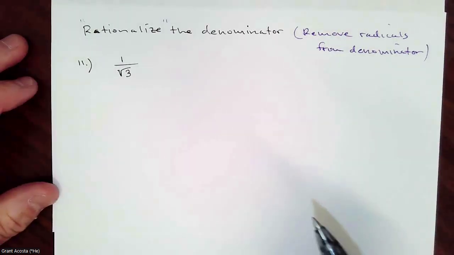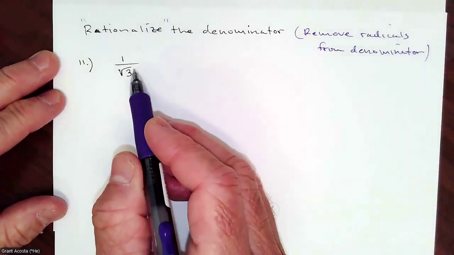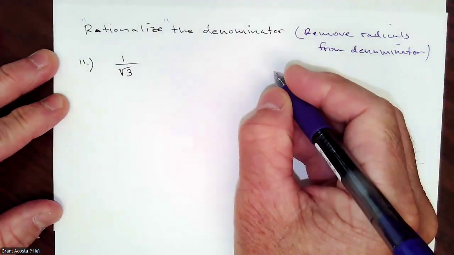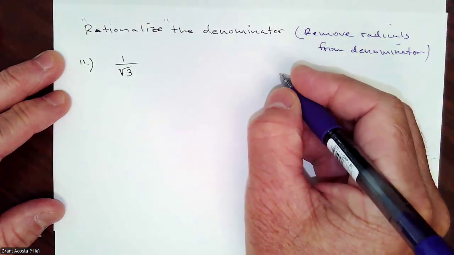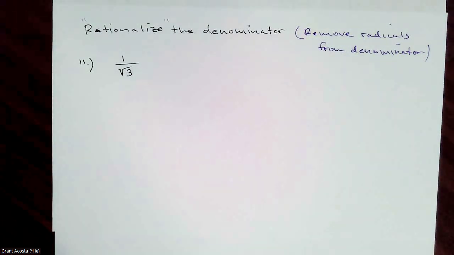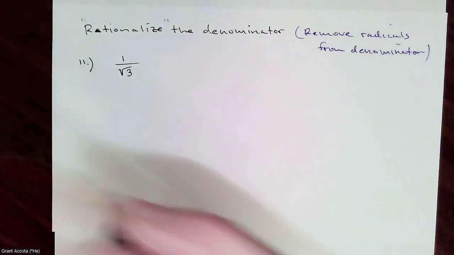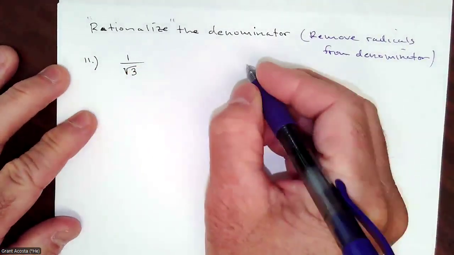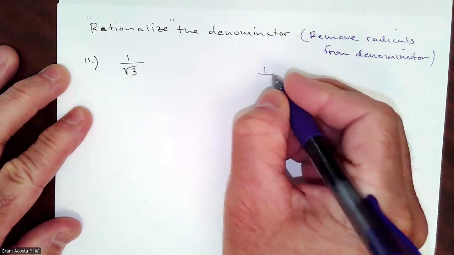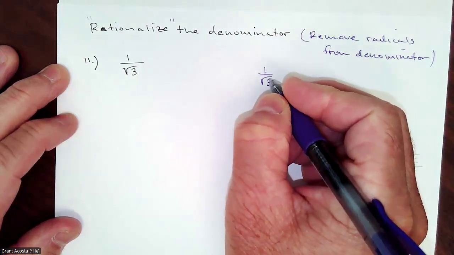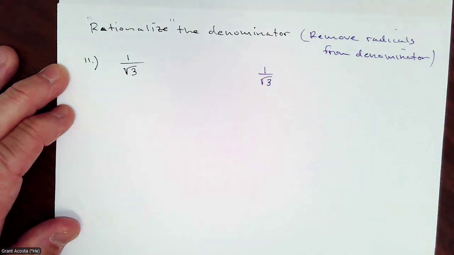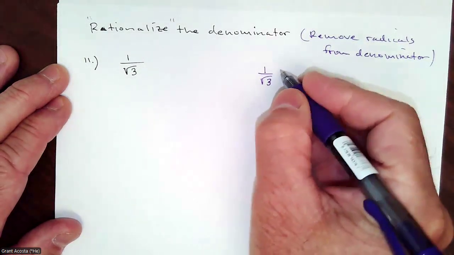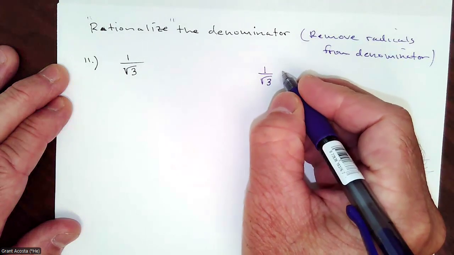There is sort of a reason, though, why you would want to do this. And it kind of goes back to the days before calculators. If you wanted to divide 1 divided by root 3, what you would have to do, so we'll get back to this problem in a second. Say you worked for NASA back in the 50s, and you needed to know what this decimal was really, really accurately to like 5 decimal places.